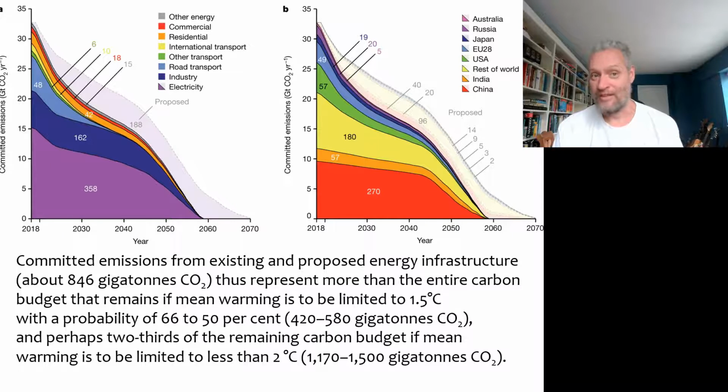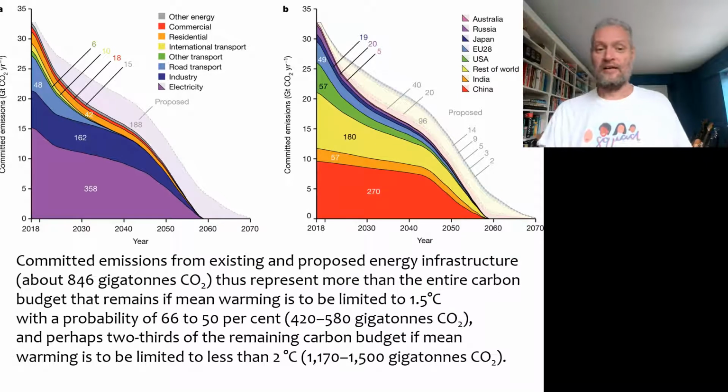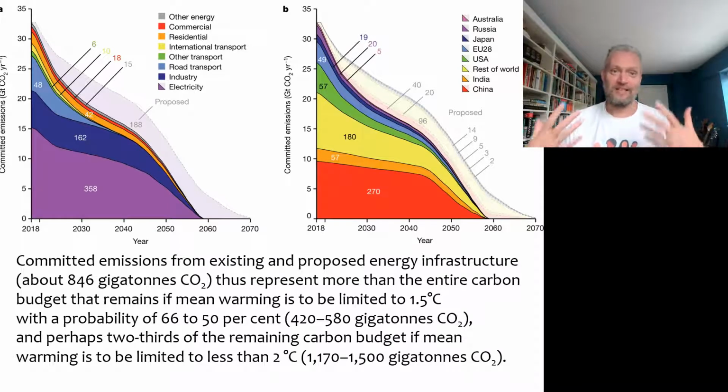But if you're going to take a brand new power plant and just mothball it or take it down again, that is very, very costly because it hasn't had time to earn back the capital that was invested in it. So rapidly reducing emissions essentially means prematurely retiring your capital. It means tearing down your buildings. It means doing away with perfectly good vehicles. It means taking down perfectly fine power plants.